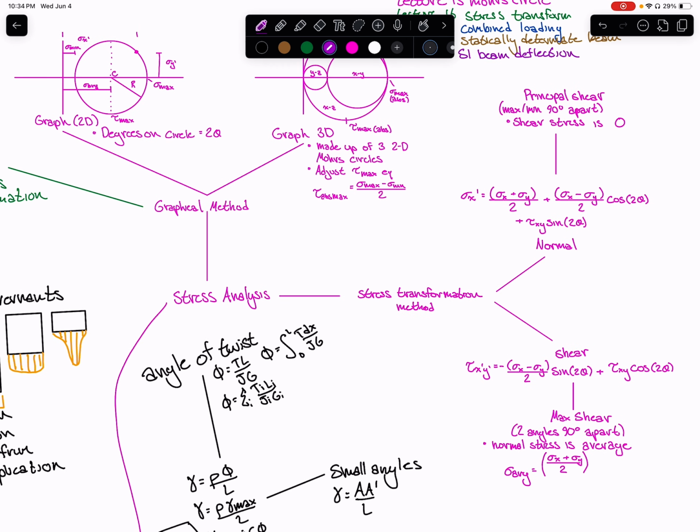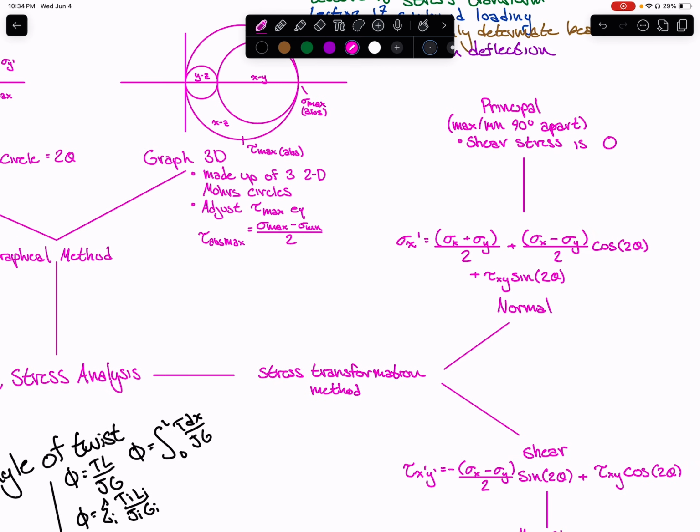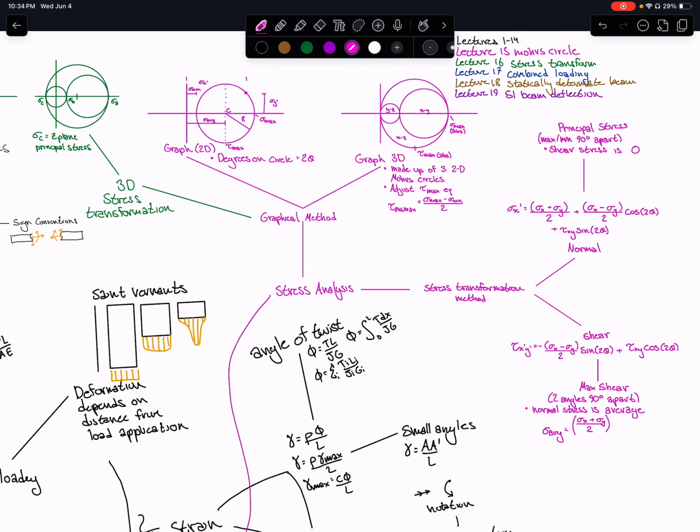One thing to note is that the principal stress will be at a point where shear stress is 0, and the planes of principal stress will be at 90 degrees from one another, having both a maximum and minimum stress.